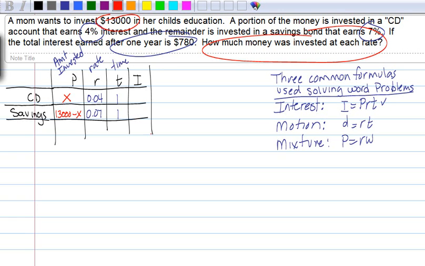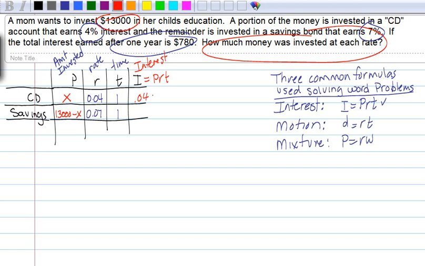To do the last column, how to figure out the last column always in the 3 formulas used, is you're going to multiply across the rows using the formula. I represents interest, and since we know I equals PRT, if we take the principal, which is X, and multiply by the rate, which is multiplied by the time, 1 times anything is just itself, so 0.04 times 1 is just 0.04.